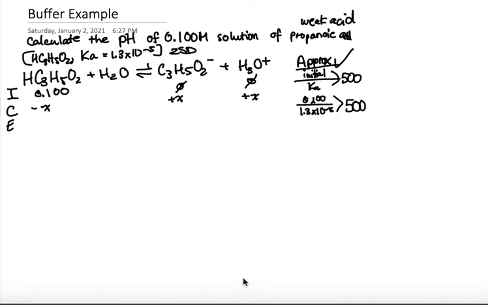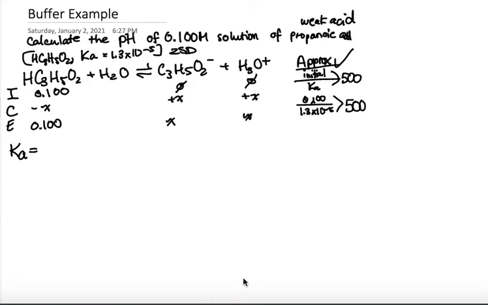All right, so at equilibrium, our concentration of propanoic acid is still 0.100. We have X and X as our equilibrium concentrations that we need to solve for. In order to solve for X, we need to write out our Ka expression.